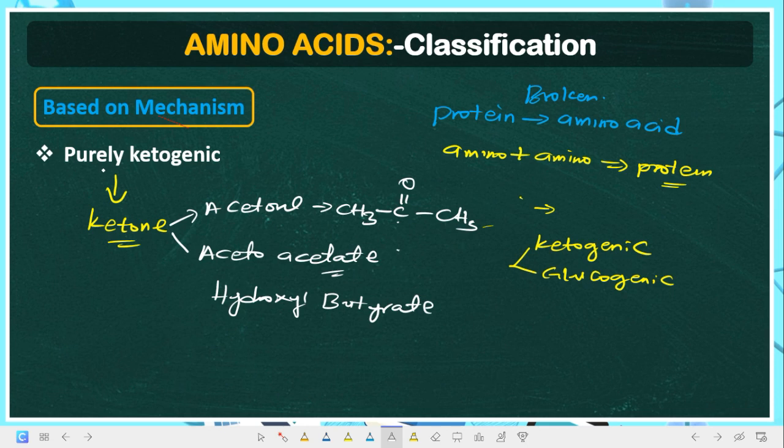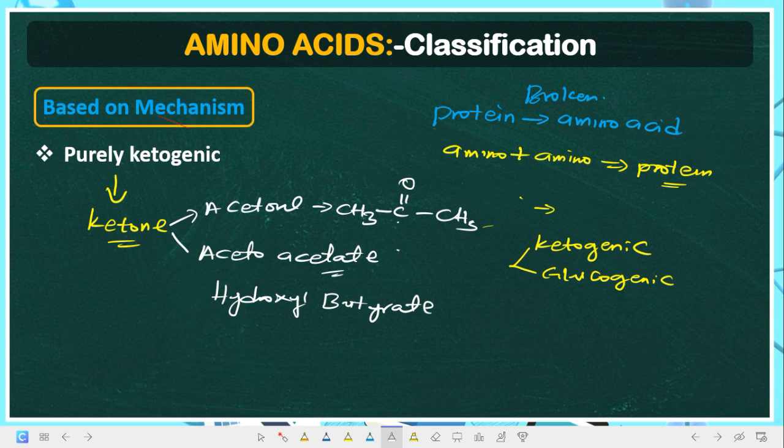All these are ketones. So all those amino acids that when they are broken down form ketone bodies are known as ketogenic amino acids. More details about the metabolic pathway will be explained in our later chapter when we are talking about macromolecule metabolism, like carbohydrate metabolism, lipid metabolism, and protein metabolism.